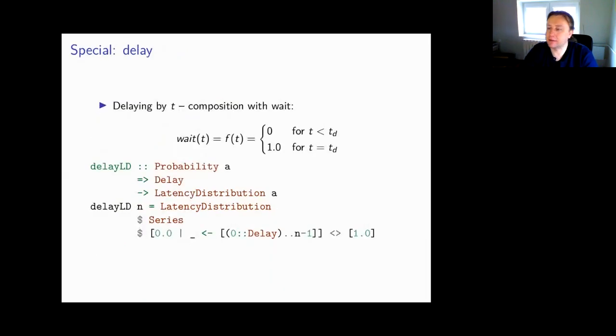Now, we have special values among the latency distribution, right? It's basically a series that starts with 0 and then has 1 at the end. And since we cut the series after it starts being all 0, we have a finite list that we can easily compute with.